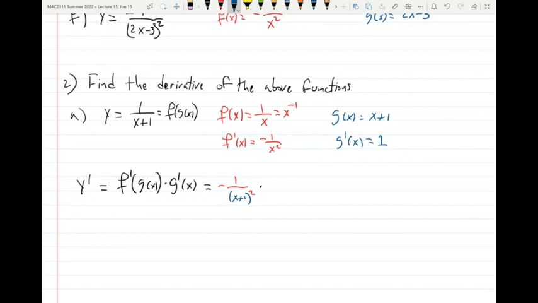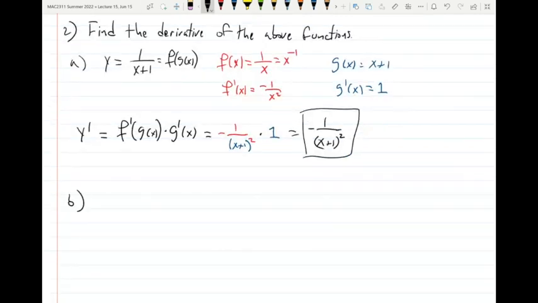What's g prime? 1. So this is just negative 1 over x plus 1 squared. So derivative of 1 over x plus 1 means negative 1 over x plus 1 squared. Questions? Did you understand this? Okay, so we do the next one.